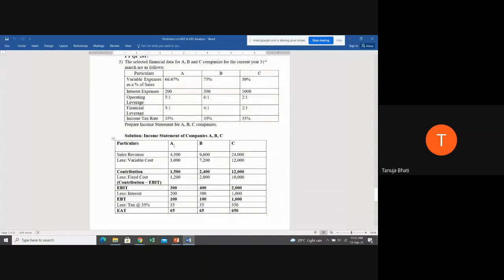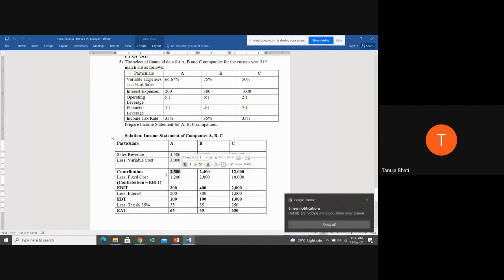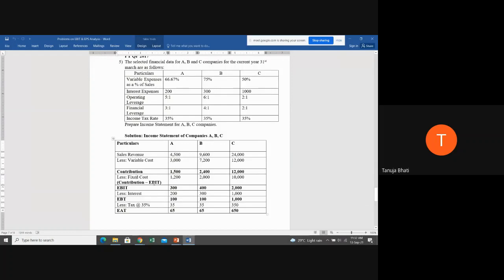See here, students, 4500 is your sales, less variable cost 3000, you get contribution 1500, less fixed cost. Now, through your working, you have found your EBIT is 300. You know your contribution and you know your EBIT, so what is going to be your fixed cost?